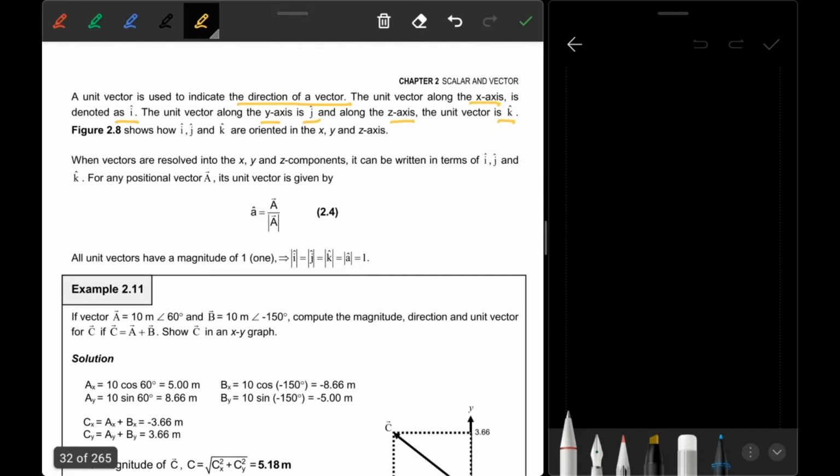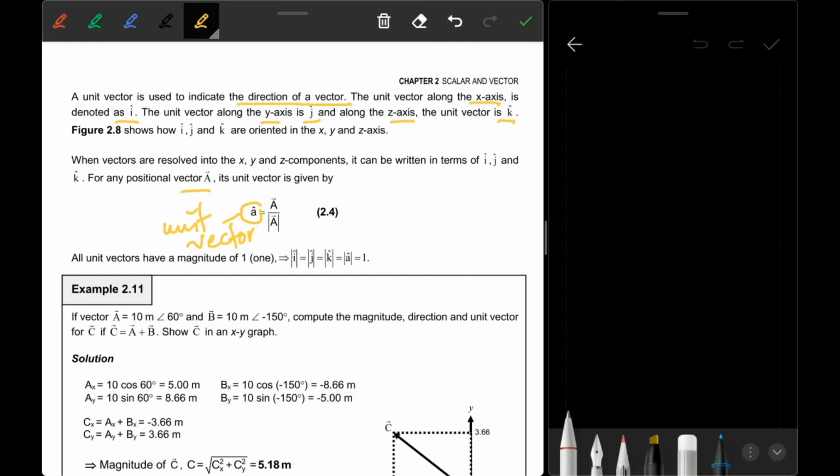If you want to find any positional vector, for example vector A, its unit vector is given by this formula.